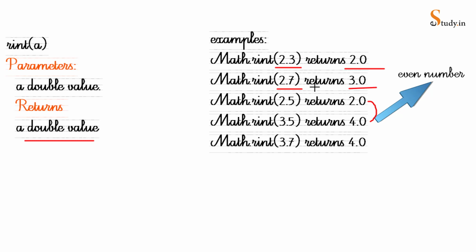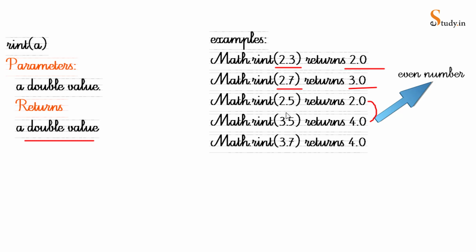If the decimal part is greater than 5, it is rounded up. But the difference from the round function comes when you have 2.5, that means 0.5 in the decimal. When you have 0.5 in the decimal, it will always return an even number. Just remember this.